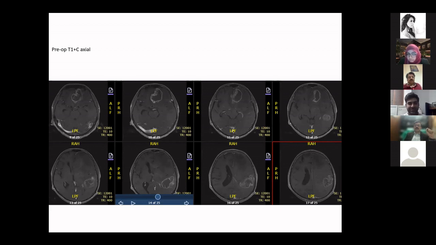If a little blood goes into the ventricles, the patient's post-op outcome will not be as good as we are thinking. So keep these two things in mind, and you can easily remove the maximum tumor. Since this is a highly malignant tumor going into the corpus callosum, you don't want to remove the whole tumor. Right, agree. Dr. Altaf, do you want to add something?